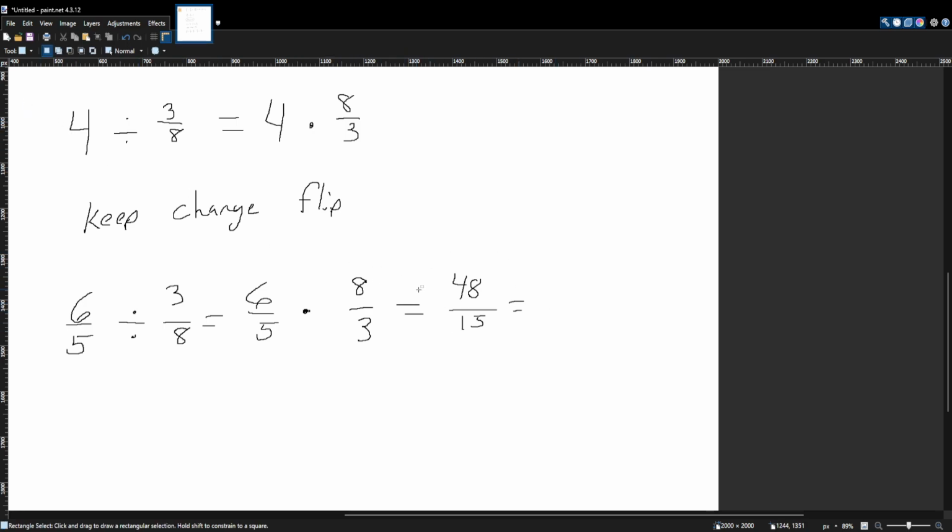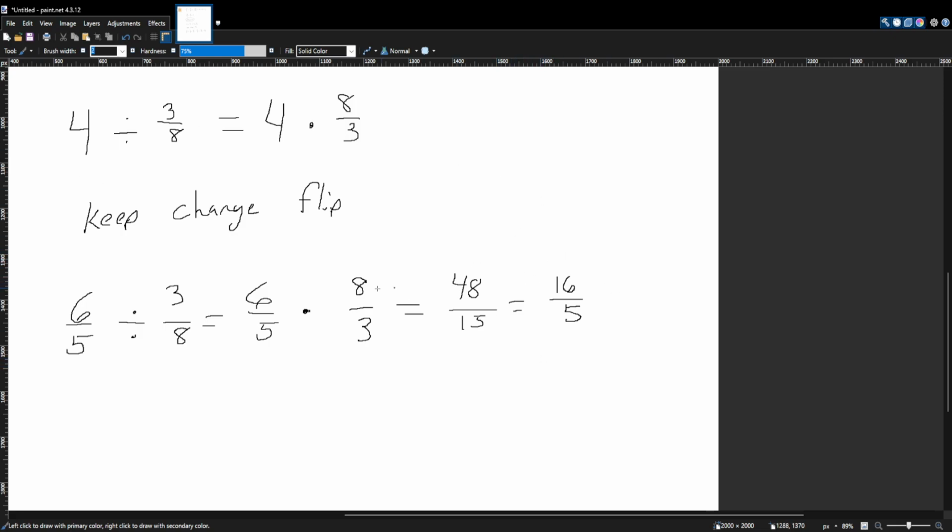Now, it's always important to check if this fraction reduces. 48 and 15 both share a factor of 3. If I were to divide 48 by 3, that would be 16, and 15 divided by 3 is 5.